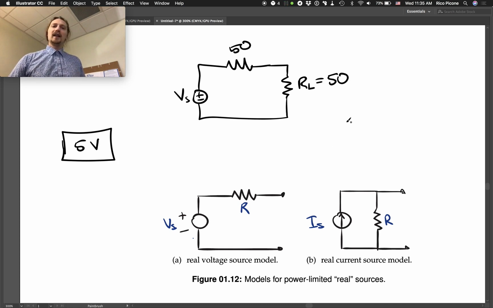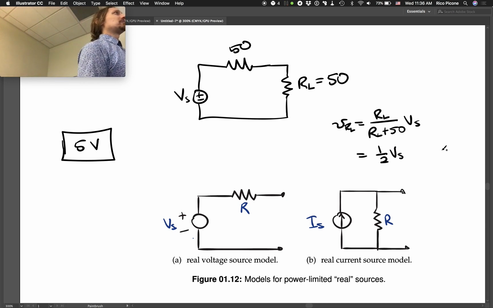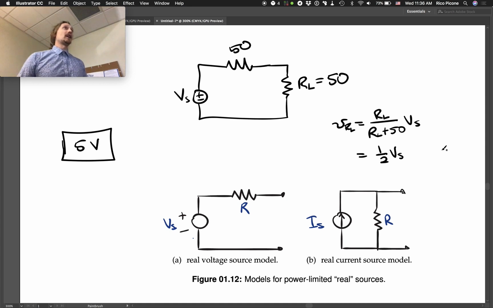So that means that the voltage across RL is a voltage divider. You've got RL divided by RL plus 50, times VS. And if RL is 50, this is 50 over 100, or 1/2 VS. So that's the typical function generator assumption, that you're going across 50 ohms.